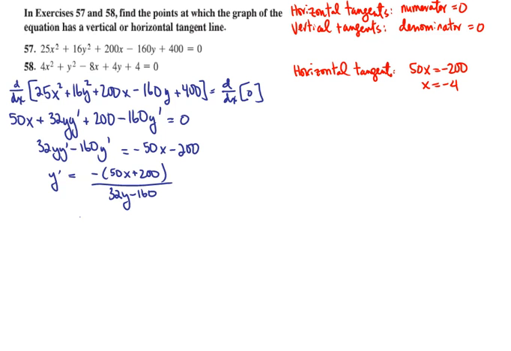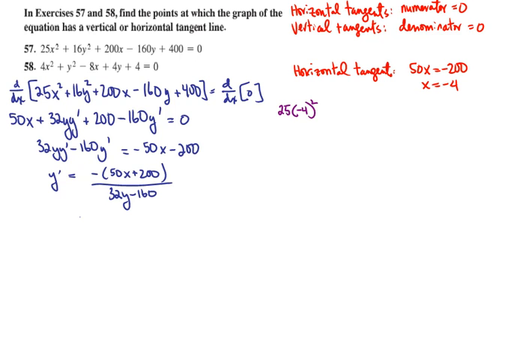This implicit equation is very unusual, and it could have many y values that have an x coordinate of negative 4. The only way we're going to find them is to go back to the original function and plug in x is equal to negative 4 and solve for y.